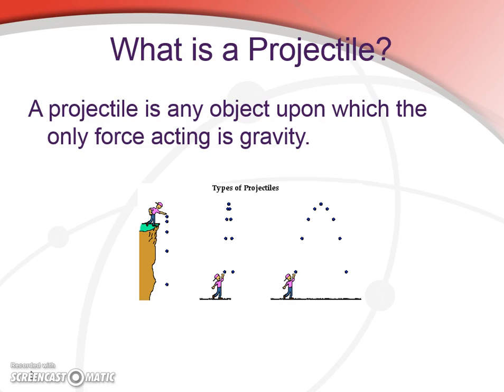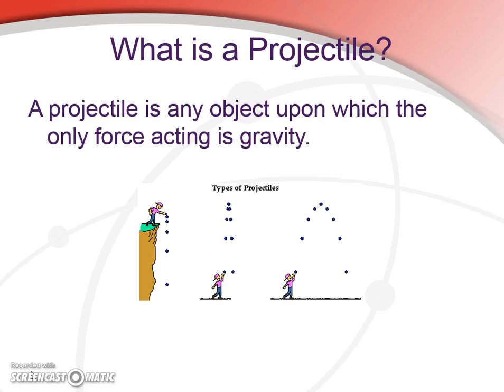This means that an object will need to be heavier than air, since buoyancy would be a force acting on this object. And it needs to be moving relatively slow so that drag won't be an issue as well from air. But otherwise, essentially anything on Earth can be a projectile.